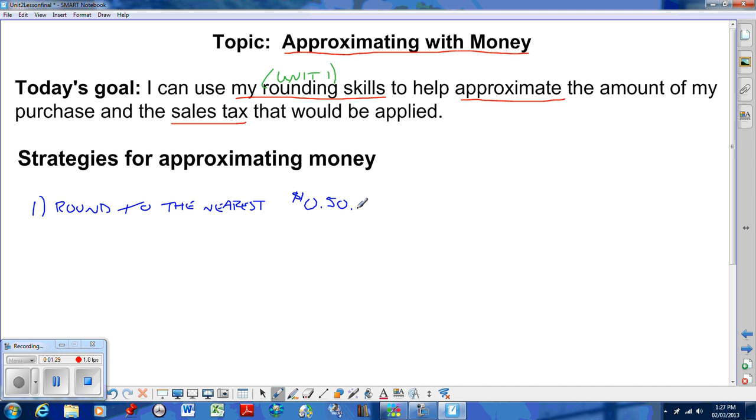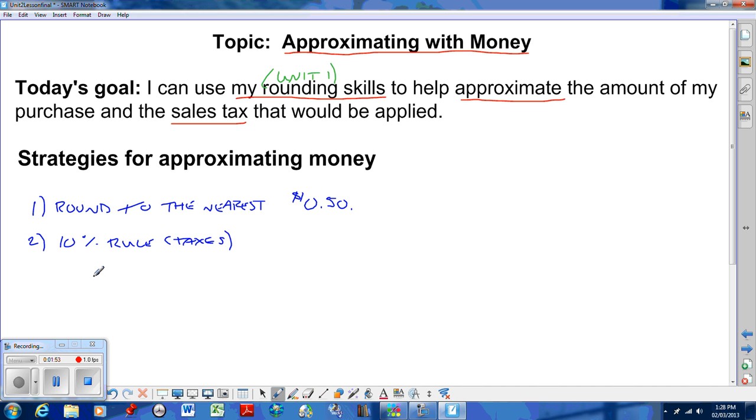Because when we round to the nearest 50 cents, it makes it a little bit easier to keep track of how much we're actually accumulating. And then the second skill I want to talk about is the 10% rule, and that involves dealing with taxes.